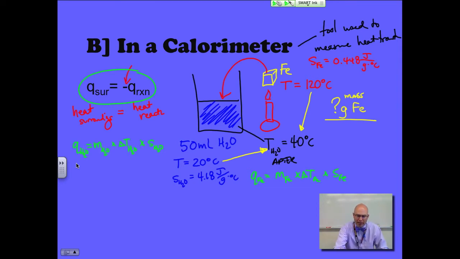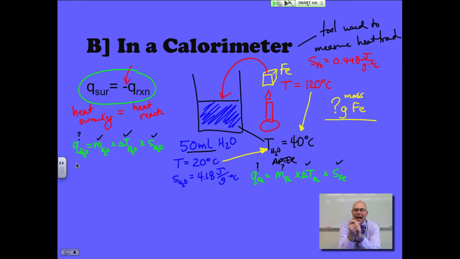Now, before I go ahead and solve this, let's see what we're given. We have the mass of the water because we have the 50 milliliters. We have the change in temperature of the water, and we have the specific heat. So that means that the only variable we don't know is the Q of the water. We don't know the Q of the iron. We don't know the mass of the iron. We do know the change in temperature and heat.